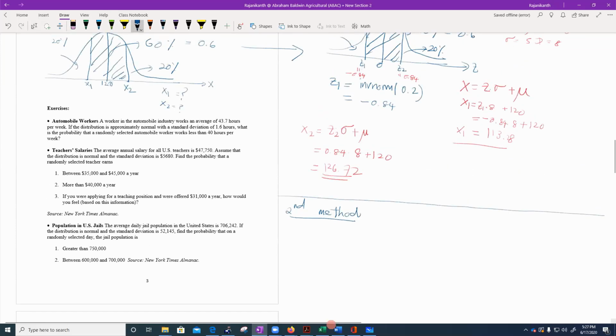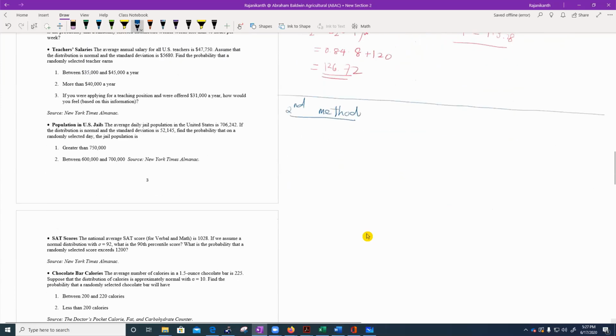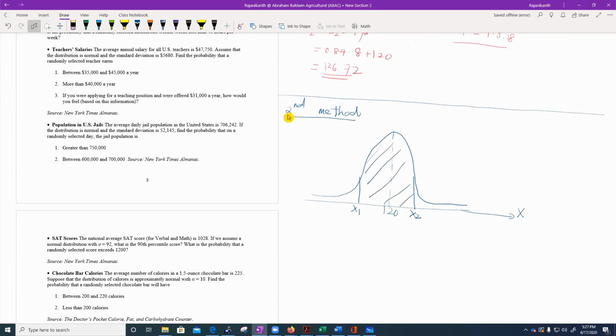Okay, remember, let me draw the original picture. The original picture was like this. This was x. And the mean was 120, and we are asked to find x1 and x2 such that the middle area is 60 percent, that is 0.6 if you divide by 100.